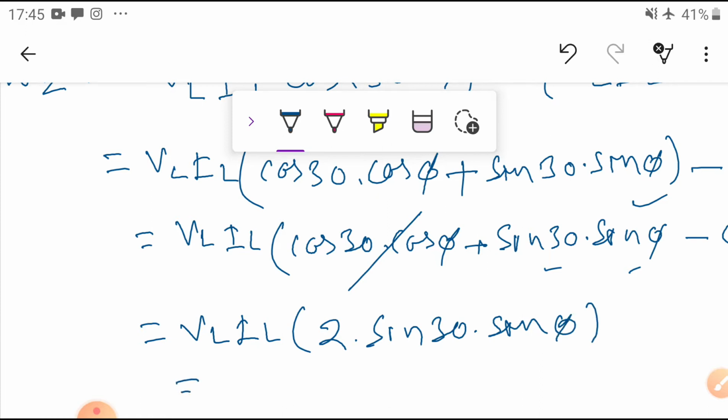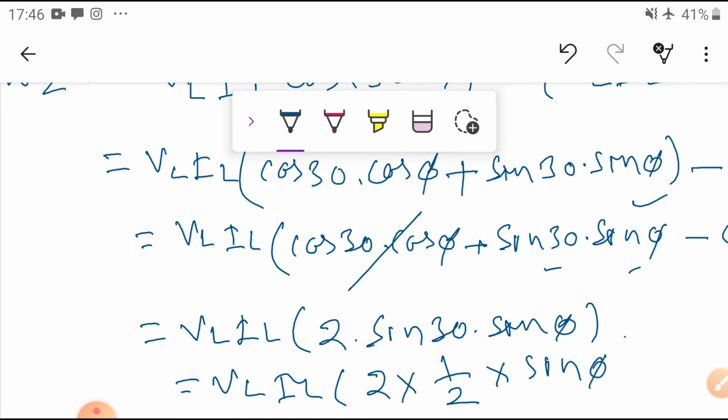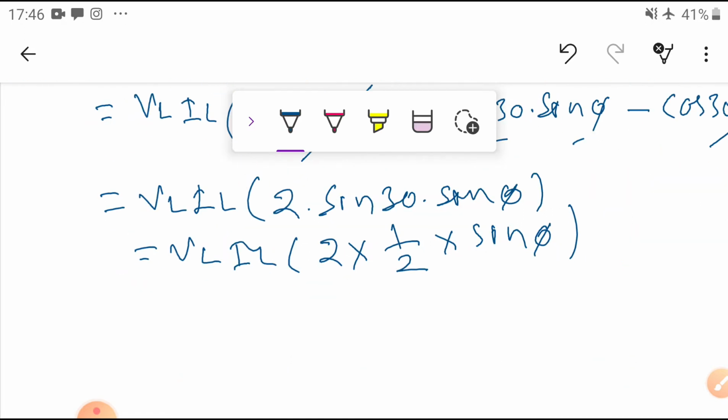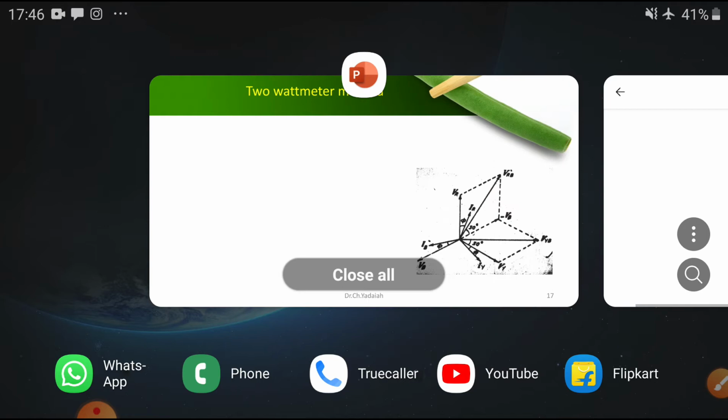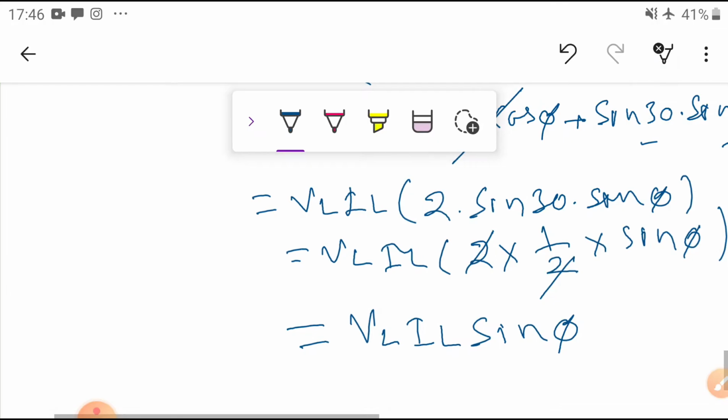What will happen? VL and IL, 2 sin 30 is equal to 1 by 2, okay, into sin phi. So the 2 gets cancelled, and then we are going to get VL IL sin phi. Finally, that is the W1 minus W2 value.